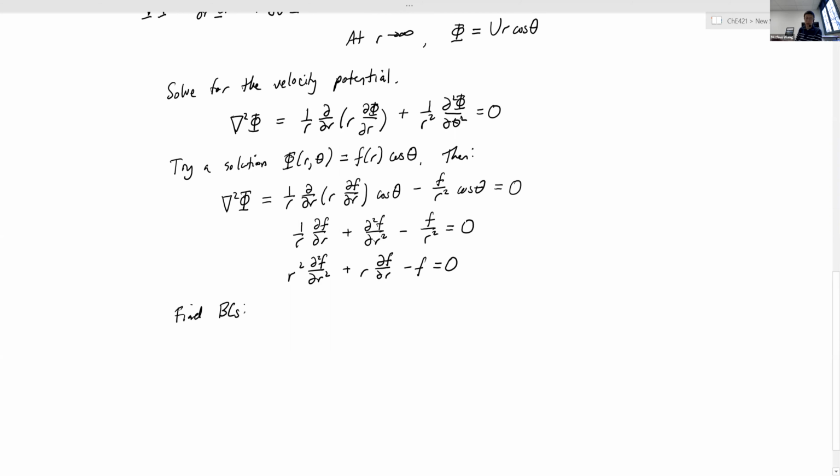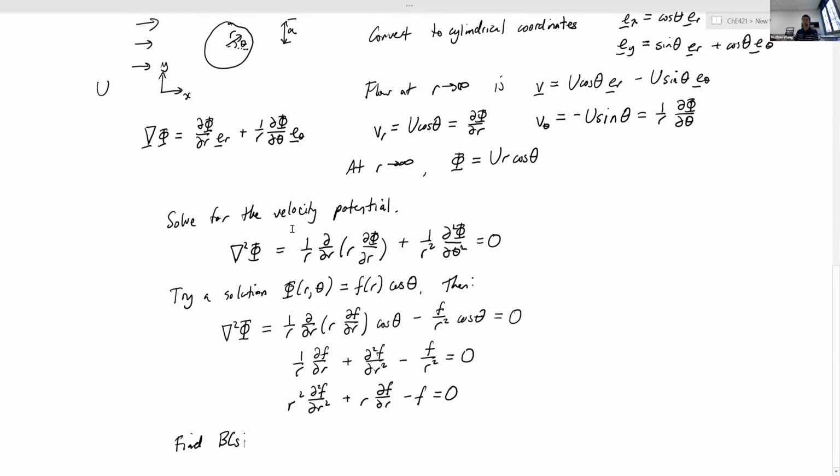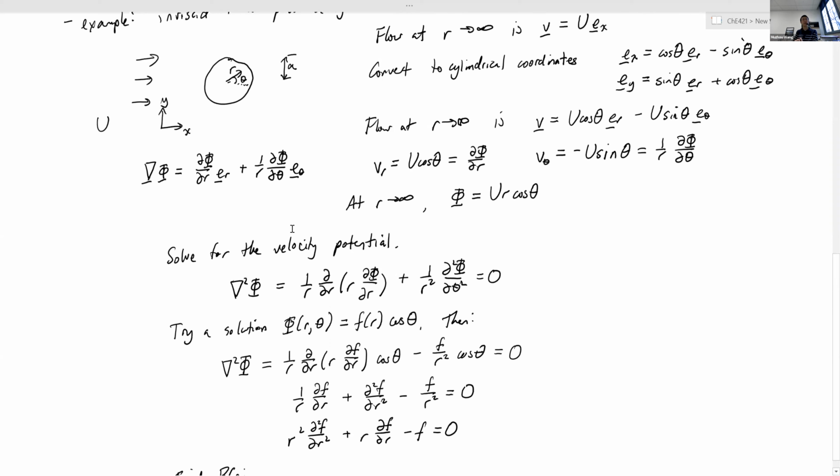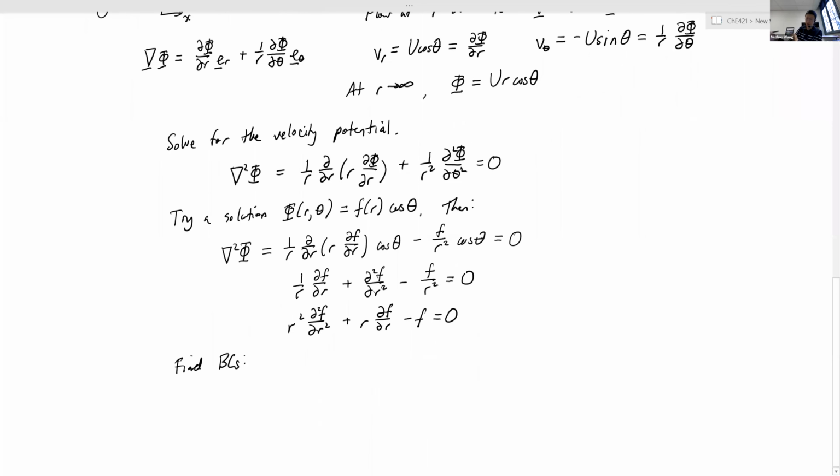Can anyone guess what boundary conditions might be helpful here? Or where we should be looking for boundary conditions in this sort of problem? Probably at r equals a. At r equals a, right? Sounds good. What boundary condition will we expect at r equals a?